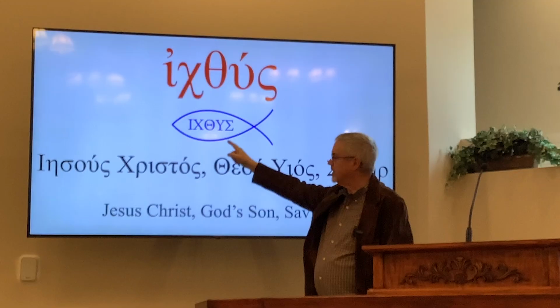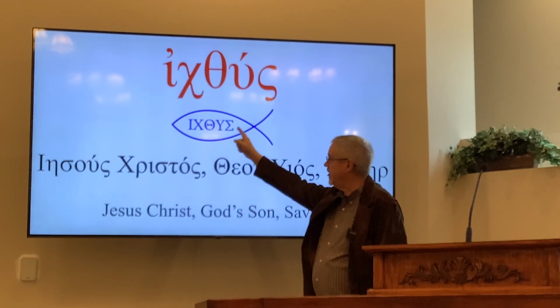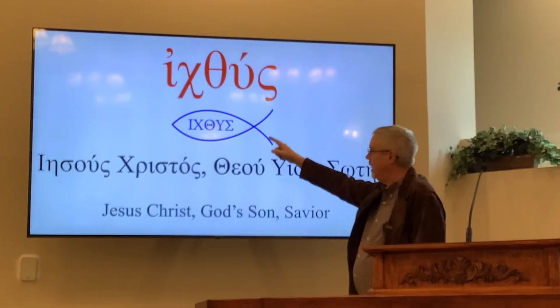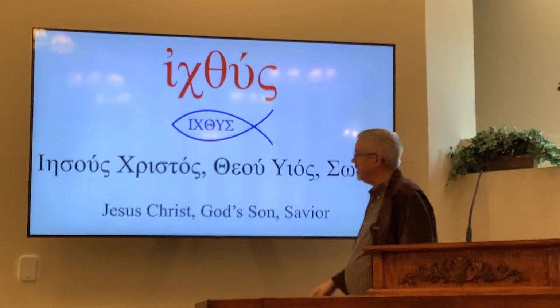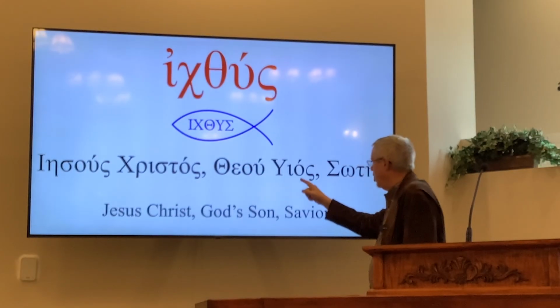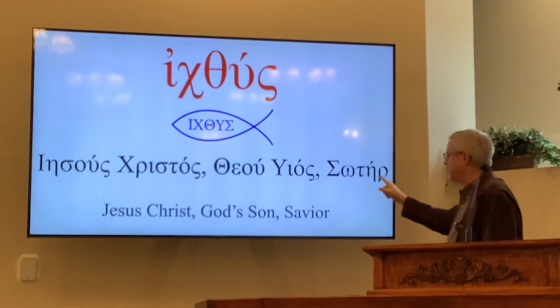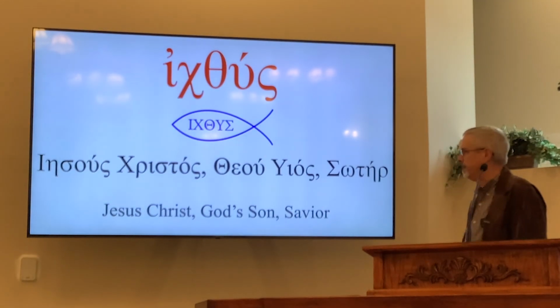The beginnings of the church, and that's ichthus. Okay? Ichthus. They used it as the first letters for Iesous, Christos, Theou, Huios, Soter, which means Jesus Christ, God's Son, Savior.